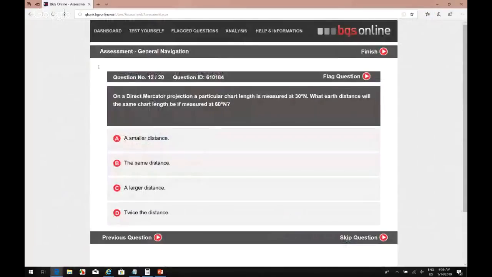On a direct Mercator projection, a particular chart length is measured at 30 degrees north. What Earth distance will the same chart length be if measured at 60 degrees north?